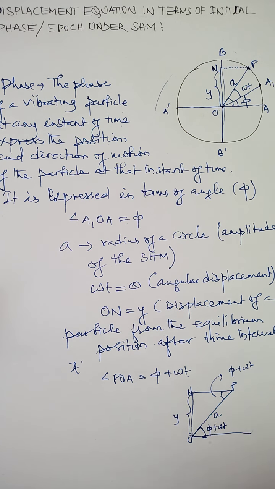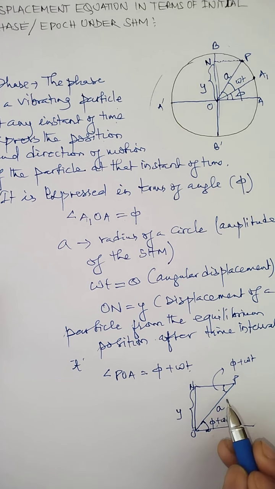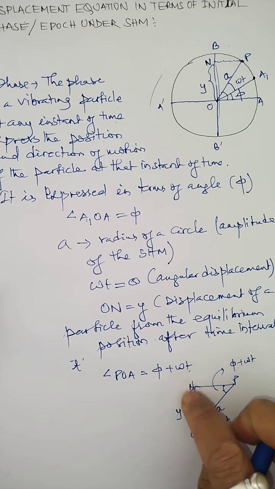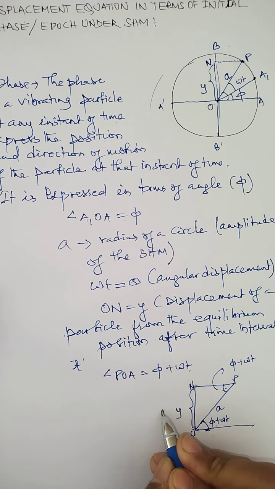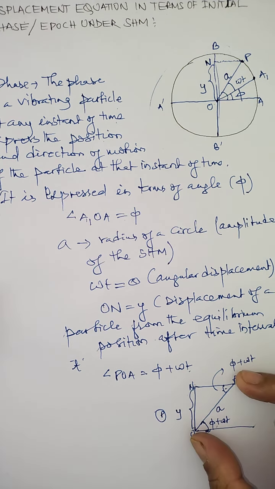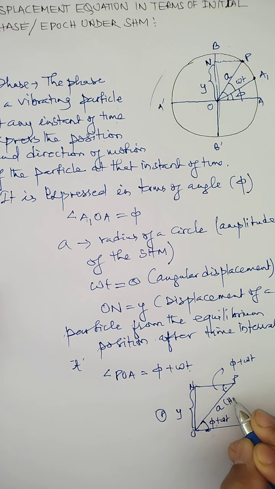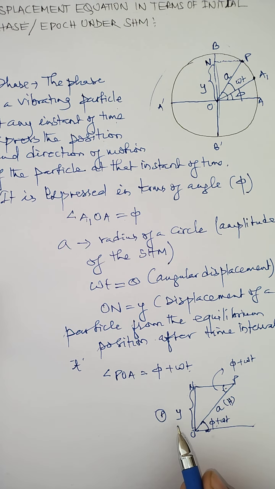Now from this right angle triangle, we calculate this displacement. In this right angle triangle with the angle phi plus omega T, this side is your perpendicular and this is your hypotenuse. We need to express the perpendicular in terms of the hypotenuse, and you know perpendicular and hypotenuse are related by sine.